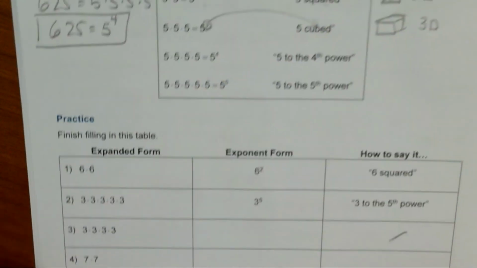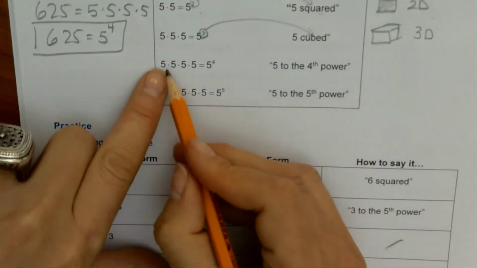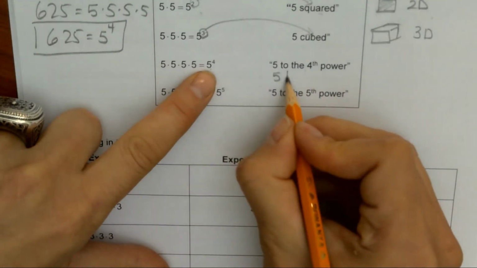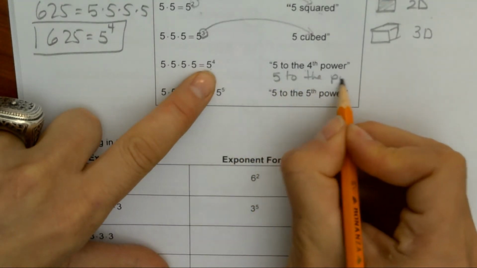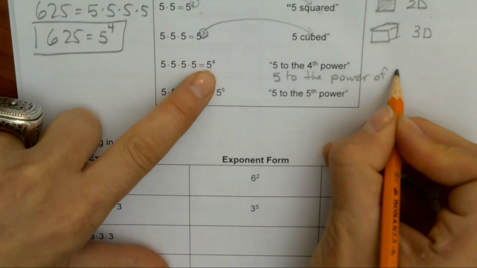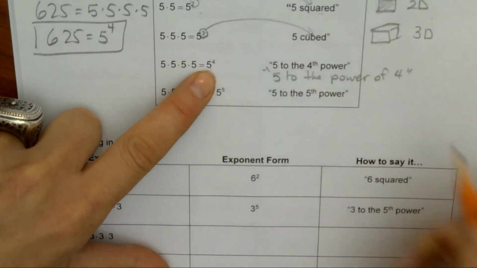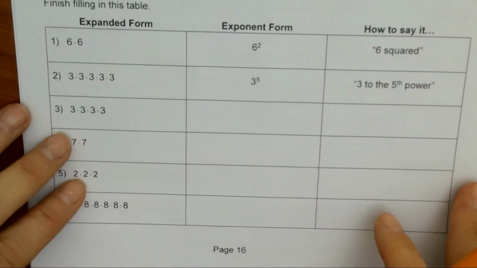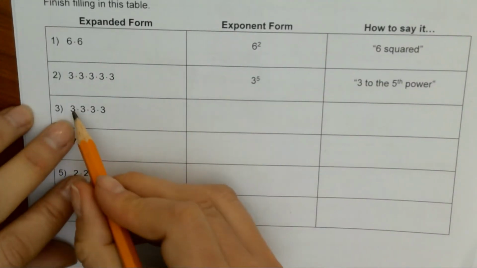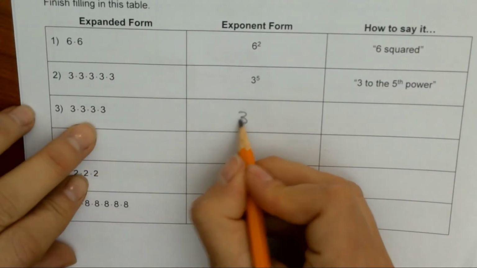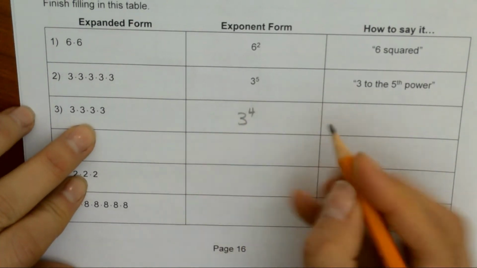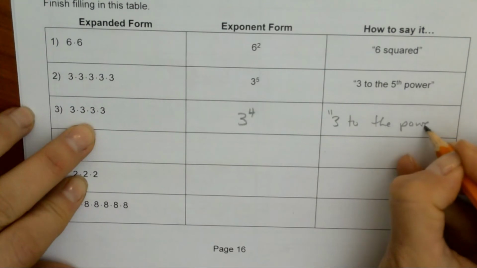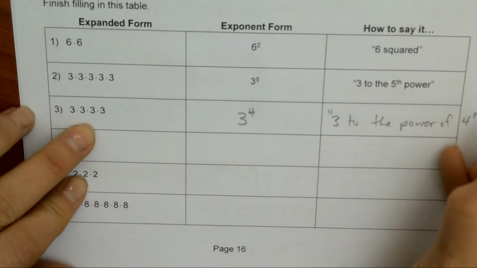And here you can say 1, 2, 3, 4, 5 to the 4th power, or you can say 5 to the power of 4. It doesn't matter. It's the same thing. Okay? So let's look here. How many 3's? 1, 2, 3, 4. So 3 to the power of 4. That's how we say it.